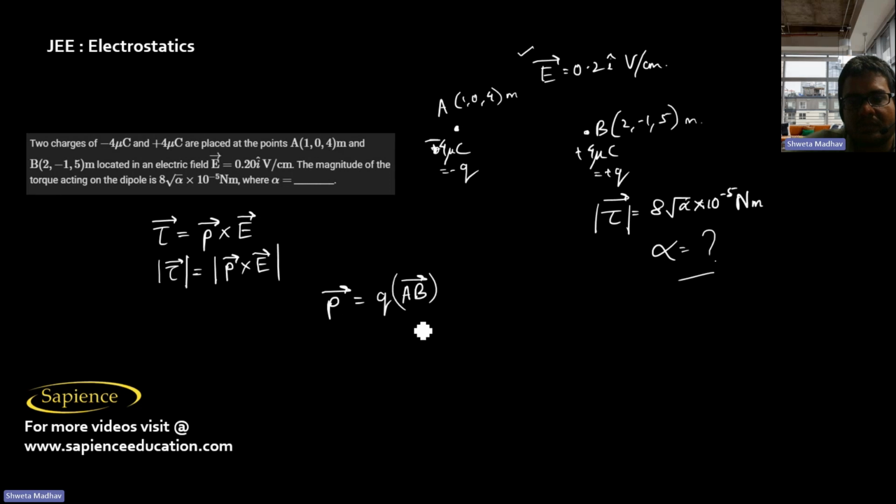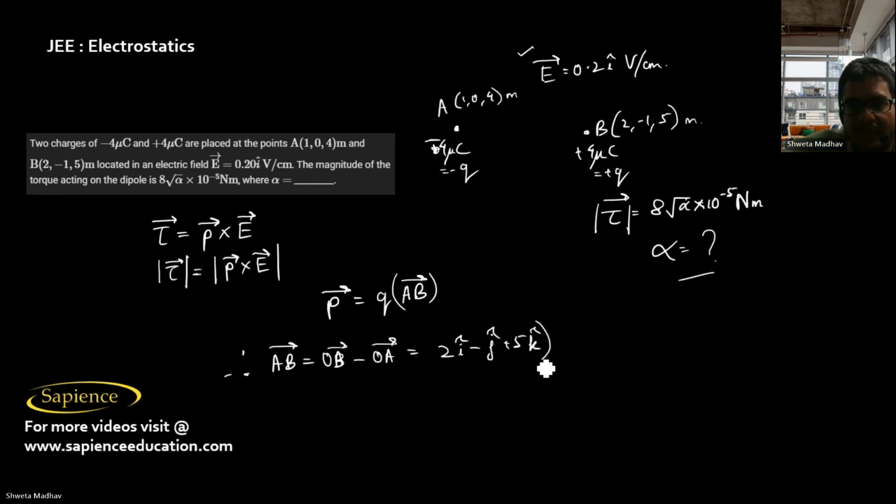Q into AB vector, that we have to find. AB vector is obviously OB vector minus OA vector. OB vector is 2 i cap minus j cap plus 5 k cap, minus OA vector, that is i cap plus 4 k cap meters.